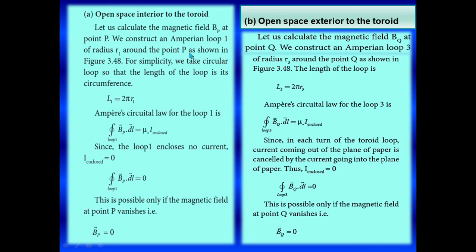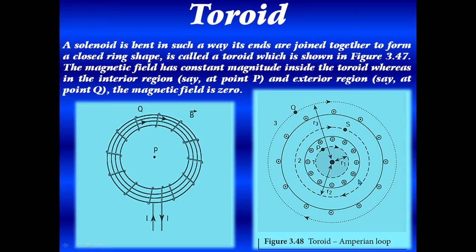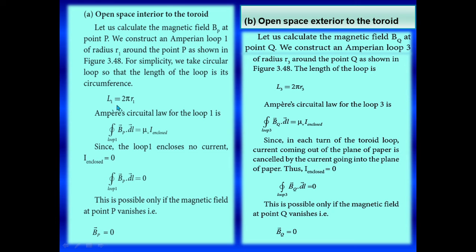Around the point P, for simplicity, we take a circular loop so that the length of the loop is its circumference. So the length of this loop is nothing but the circumference of the circle. What is the formula for the circumference of the circle? 2 pi r. Here L1 is equal to 2 pi R1.